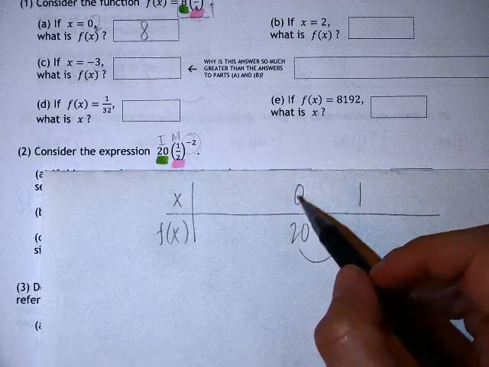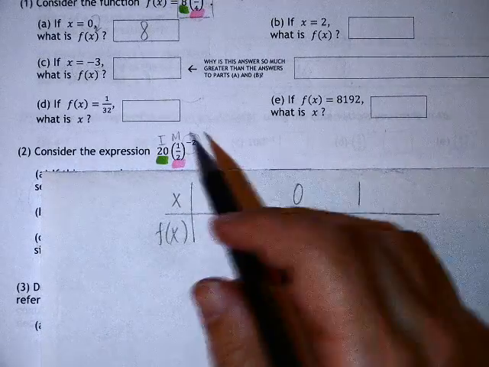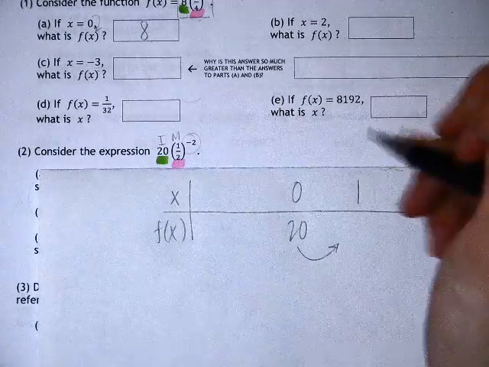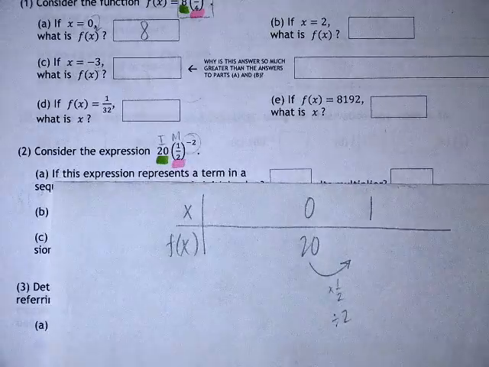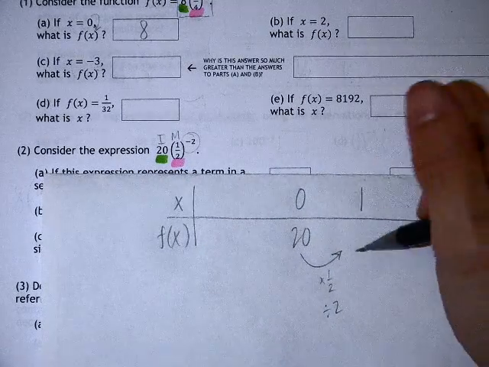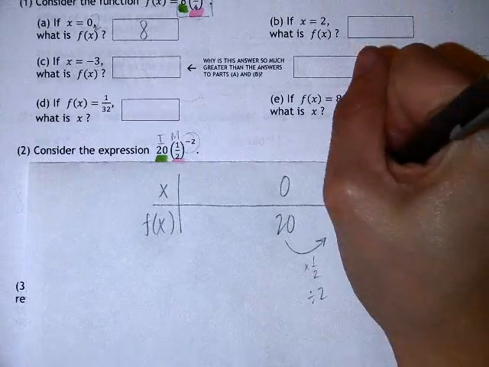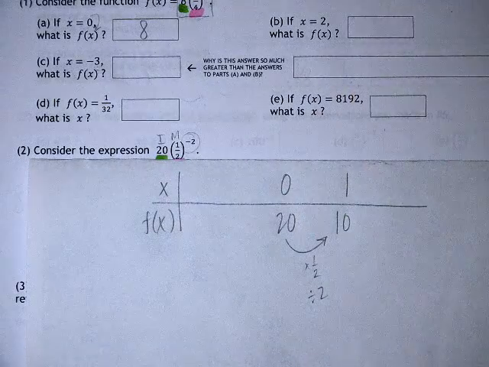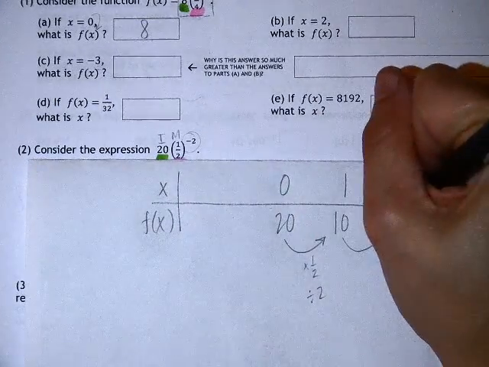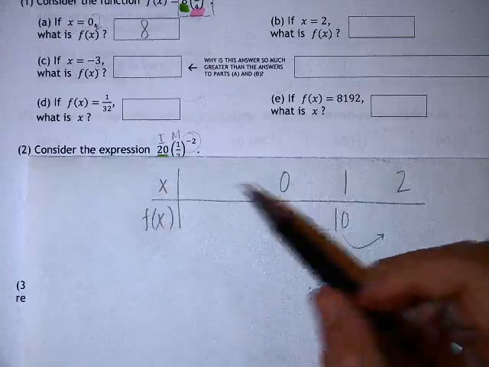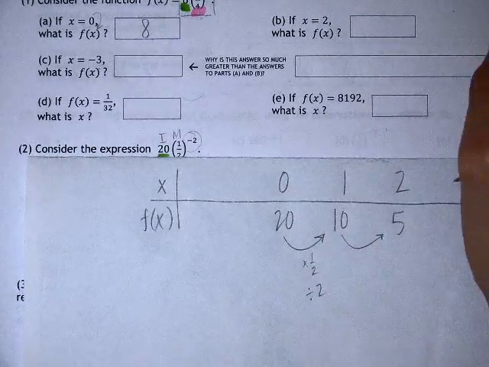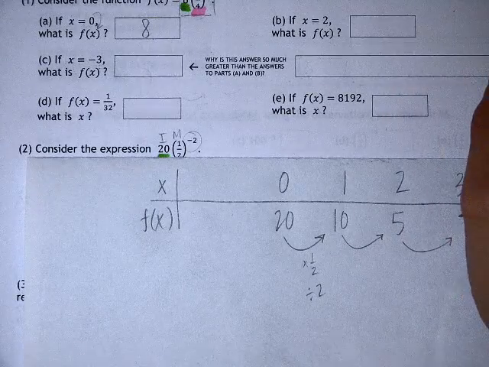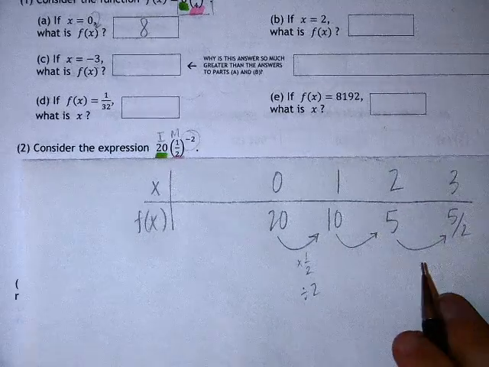So if x is 0, the next term would be x 1, and the multiplier tells us that to get there we need to multiply by 1/2, which could also be thought of as dividing by 2, whichever way works better for you. Half of 20 is 10. Or 20 divided by 2 is 10. And that tells us that to get to the next term in the pattern, we divide by 2 again. And we would keep dividing by 2. Or, again, if it suits you, multiplying by 1/2.